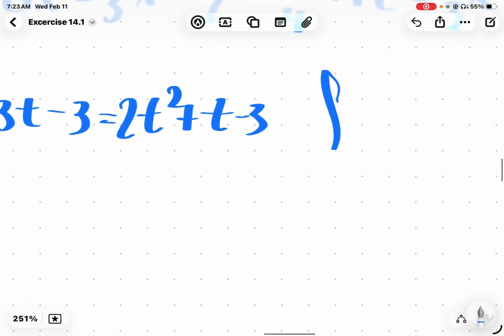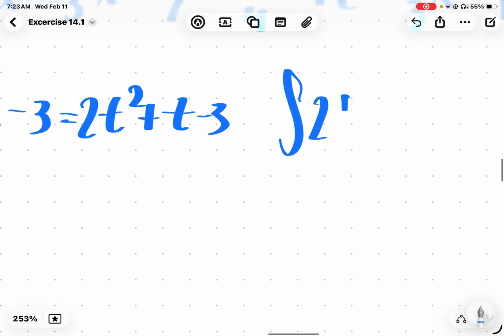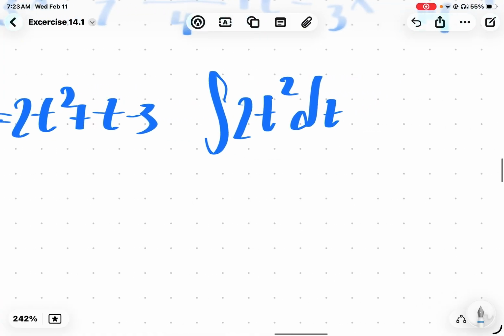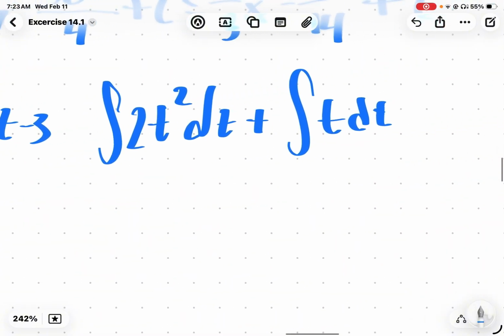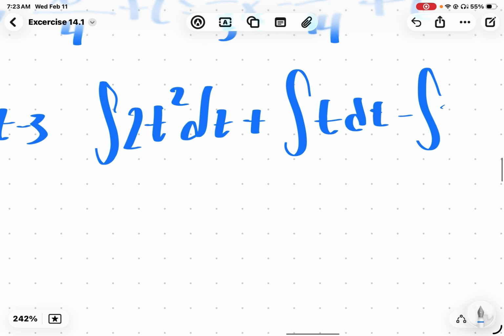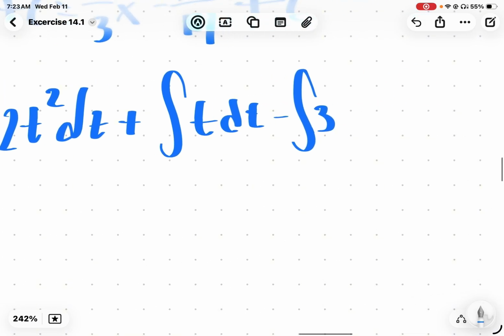And the integral of this would be the integral of 2t squared dt plus the integral of t dt minus the integral of 3 dt.